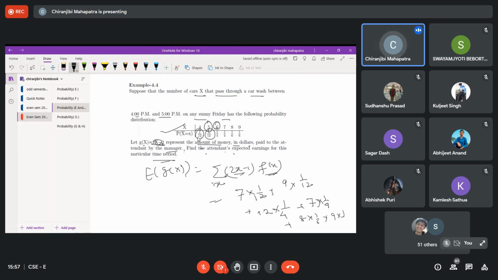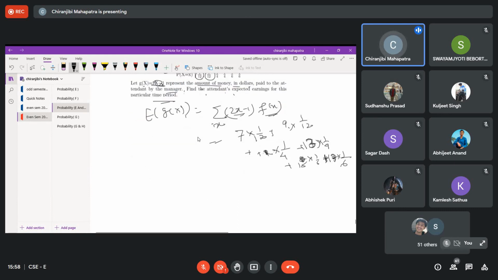Then 8 into 2 is 16 minus 1, 15. Then 9 here, plus 9 into 2, 18 minus 1, 17, into 1 by 6.